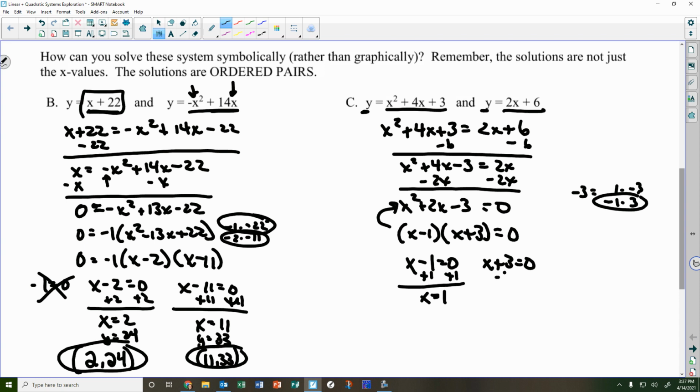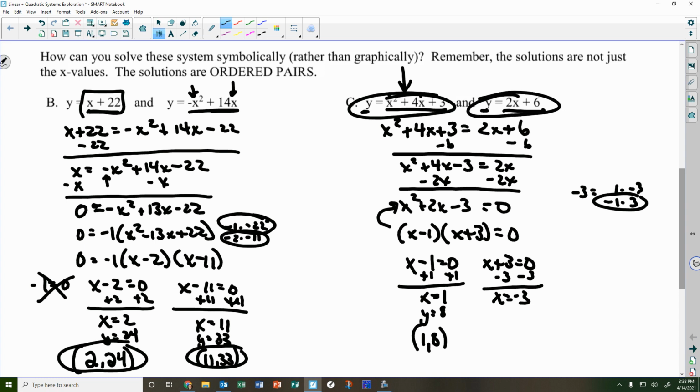So x equals 1 and x equals -3. All right, so if x equals 1, and that was to this equation here, plug 1 into here. So 1 squared is 1. 4 times 1 is 4, so 1 plus 4 is 5, and 5 plus 3 is 8 when you plug that back in. So the one solution is 1, 8. Okay, and obviously this equation here is the quadratic because of the squared.